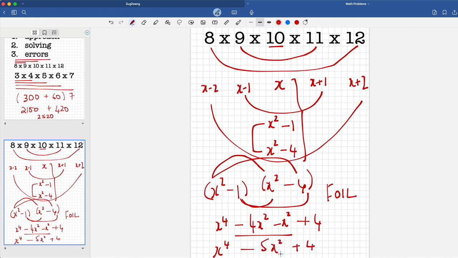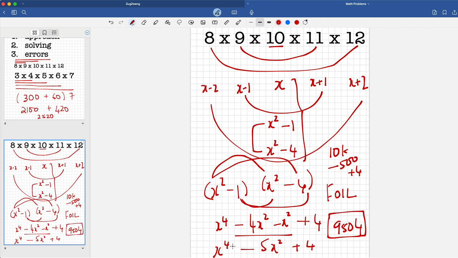Now why is this easy? Because now I know that x is nothing but 10. So x power 4 is going to be 10,000, minus 5x squared is going to be minus 500 from this, and add 4 to it. So 10,000 minus 500 is 9,500, plus 4 is 9,504.